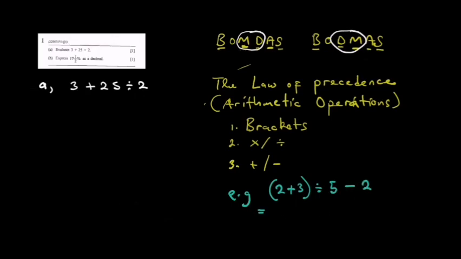According to the law of precedence, or BOMDAS or BODMAS, we start off by adding what is inside the bracket. So 2 plus 3, that is 5. Then 5 we divide with this 5 minus 2. What we do now is we start by dividing before we can subtract. 5 divided by 5, that's 1. Then 1 minus 2 becomes minus 1.